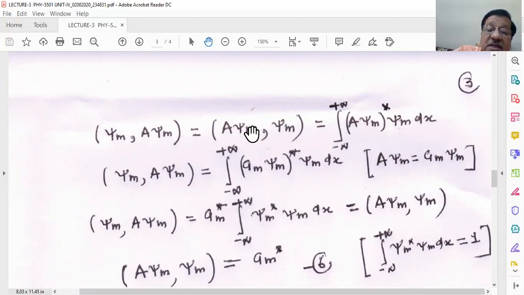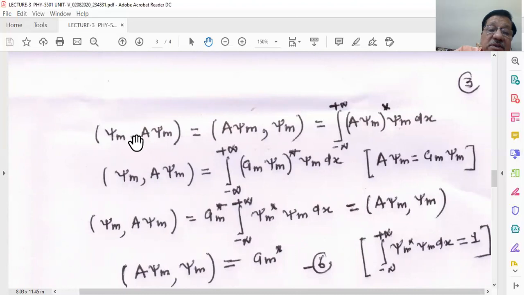So you can see that the value of this term, which we have computed in this form, ultimately comes out to be a m star.